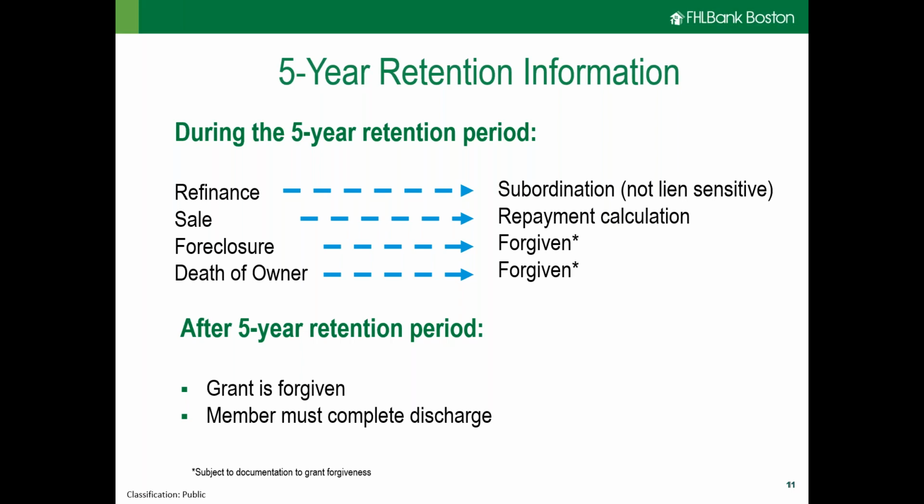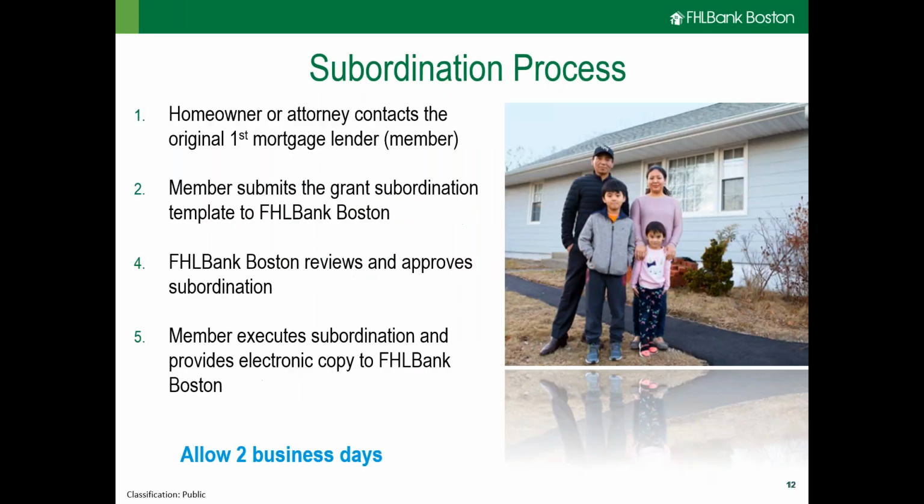Our instruments don't have an automatic discharge, but even in those instances, I have heard that the title companies still might question it. So really make sure that you have a mechanism in place to affirm that you've monitored everything in its entirety during that 5-year retention period.